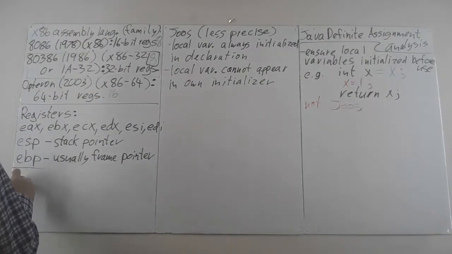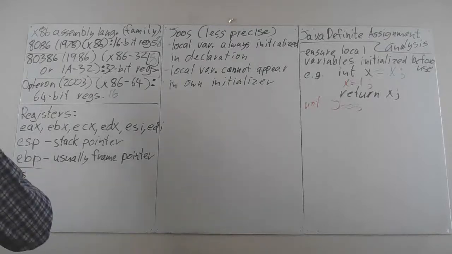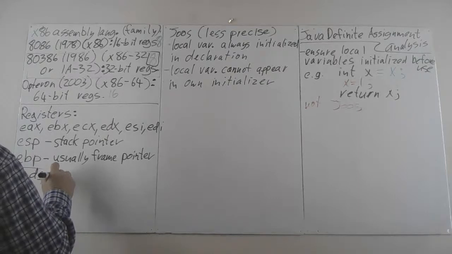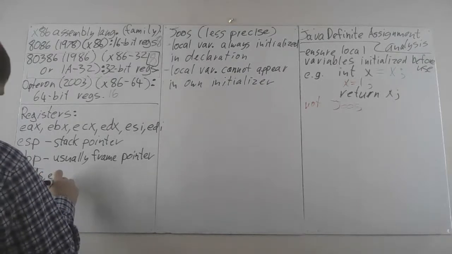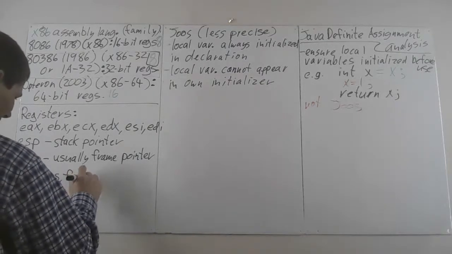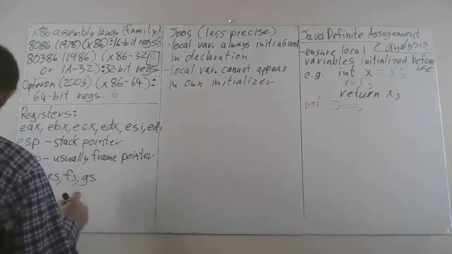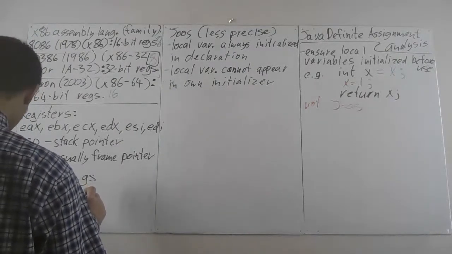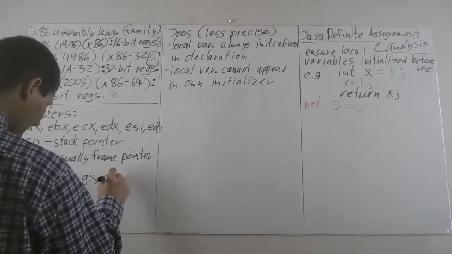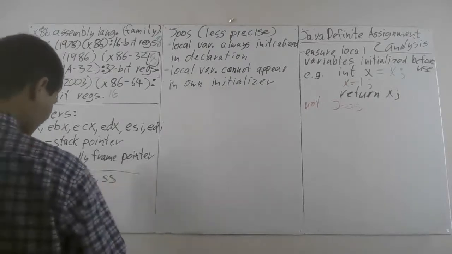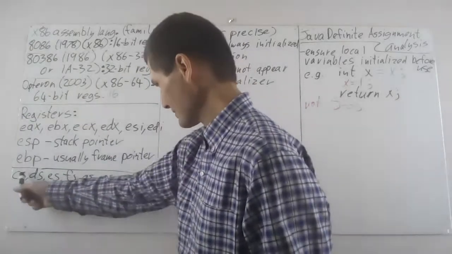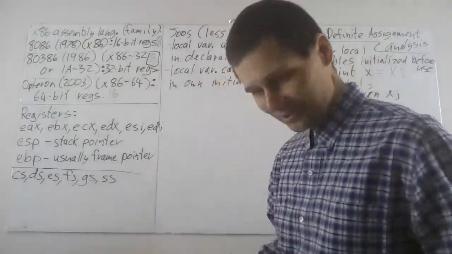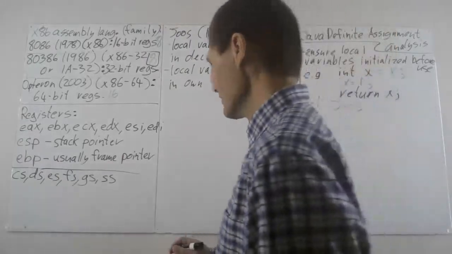There are a few more registers that you might see, and if you see them, run away, or ignore them. They are registers whose names end in S, and they're the segment registers. Back in my day, there was CS and DS, and then there was ES, and all these other ones came later.